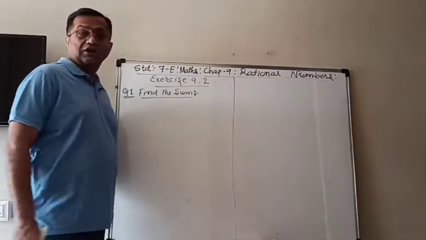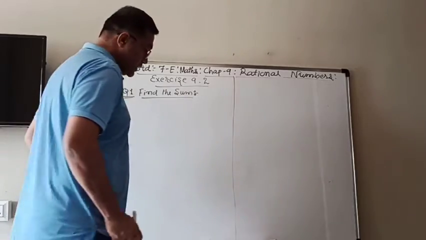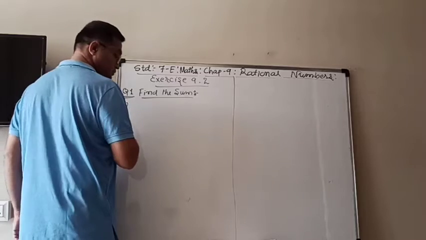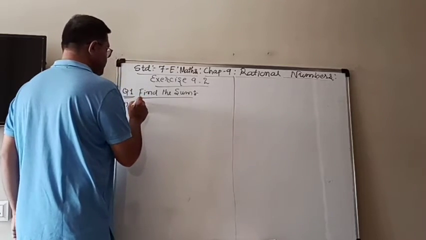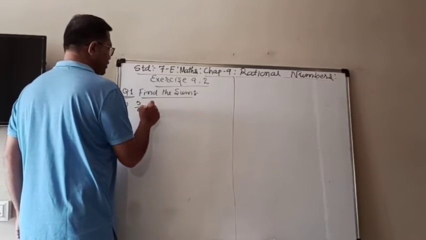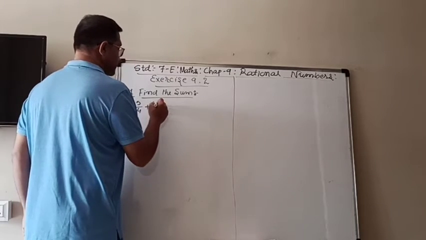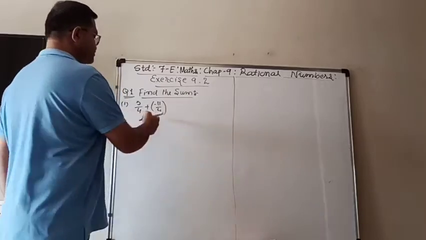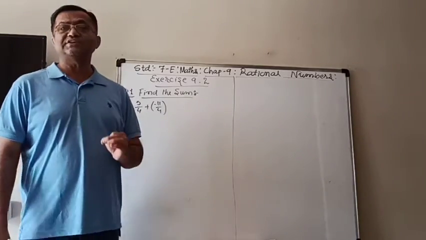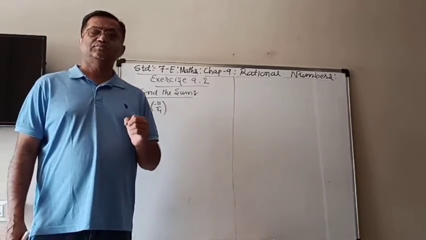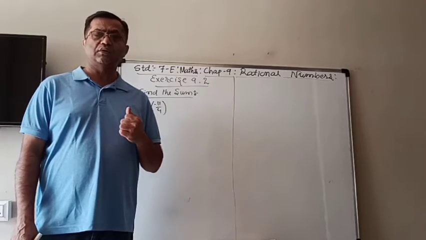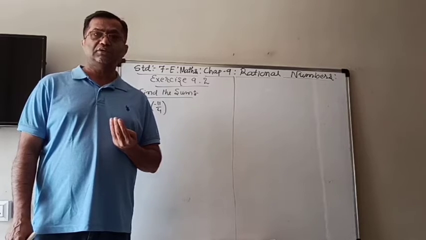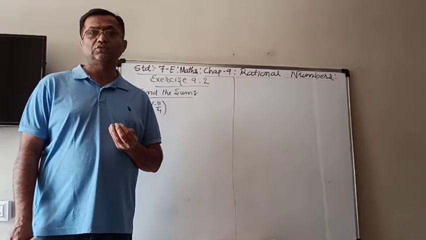Let us start with question number 1. Find the sum, means addition. First one is 5 upon 4 plus minus 11 upon 4. Here you can see that it is very simple because both the rational numbers have a common denominator, and therefore we don't have to do much.